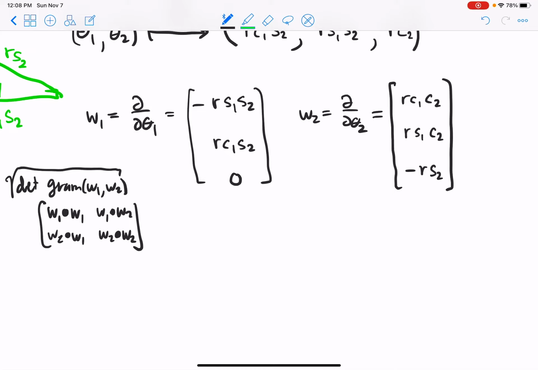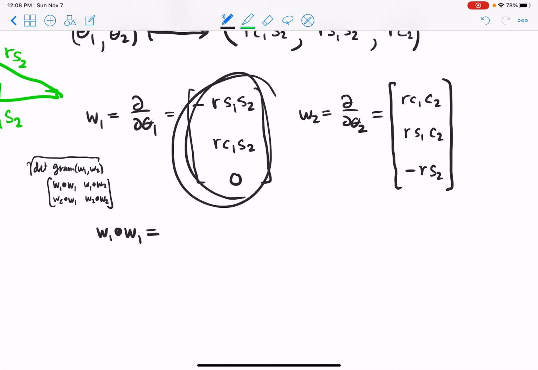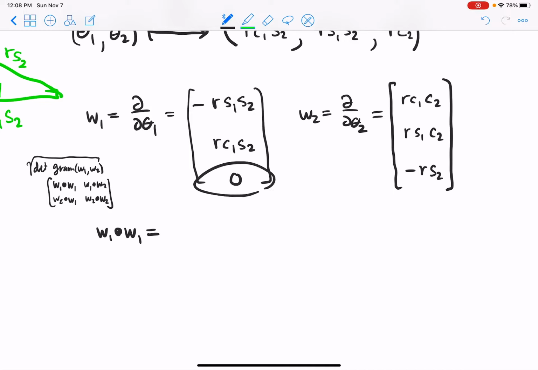So let's just make this smaller. I don't need that. So W1 dot W1 equals, okay, take this dot itself. That means I square this, and I add it to the square of this, and I add it to the square of this. Okay, let's simplify.